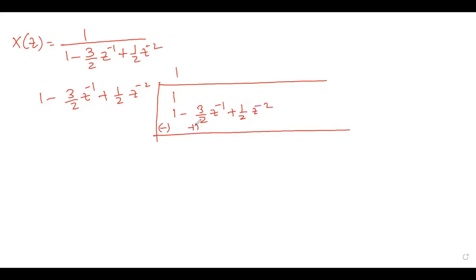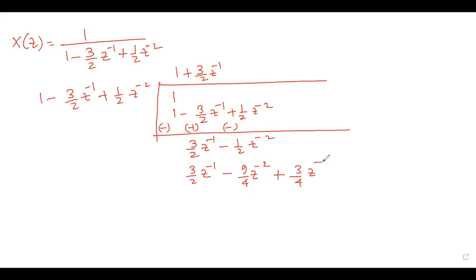Minus plus minus 3 by 2 z inverse minus half z to the power minus 2, plus 3 by 2 z to the power minus 1 minus 9 by 4 z to the power minus 2 plus 3 by 4 z to the power minus 3.